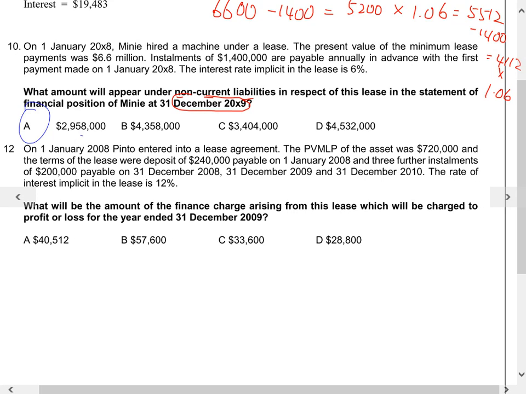The rate is 12. What is the amount of finance charge arising? Finance charge, and when? 2009, year 2. So this is in advance. 720 minus 24.